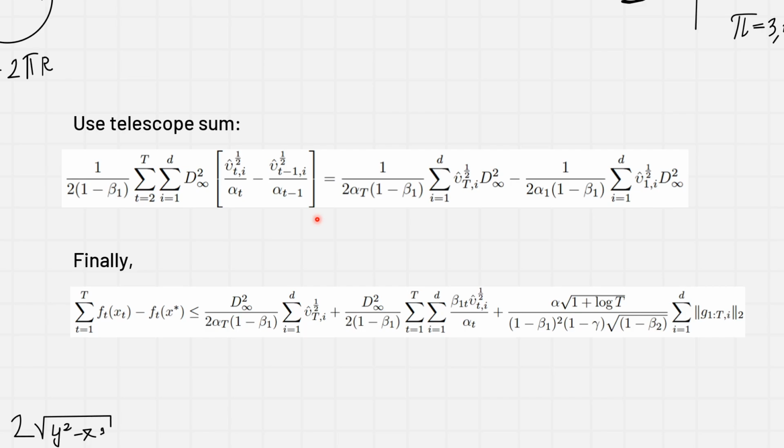So these two can be removed by adding together. And the other terms are also removed by doing the same thing. Finally, we put it in the inequality and get this upper bound. Therefore, we complete the proof of theorem 2.